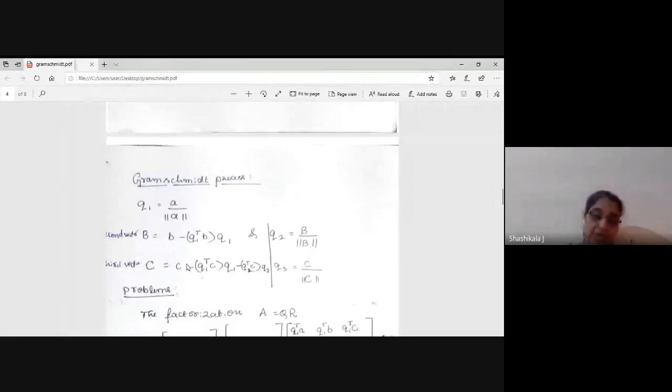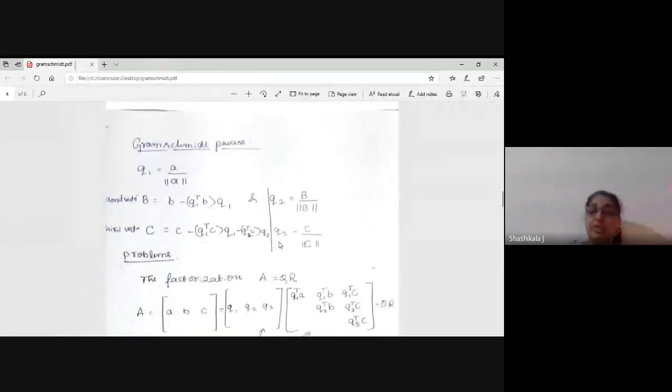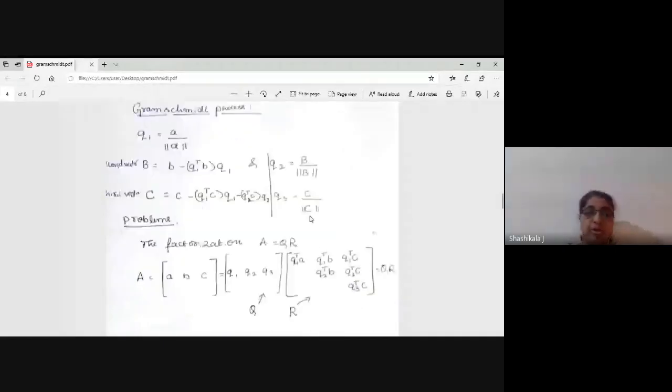Those other components I am going to subtract. That is the meaning of this one: Q1 transpose C into Q1 and Q2 transpose C into Q2, those components I am going to subtract, so that I will be left with only whatever is perpendicular to these. And this is orthogonal, and to make it orthonormal, Q3 is equal to C divided by the length of C.